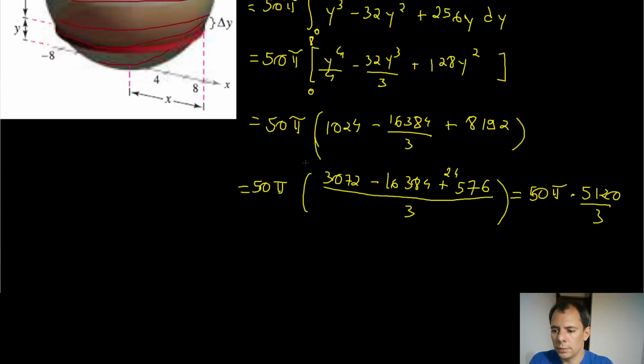Let's do that. Divide this by 3 times 50. I'm gonna say times 3.14. Got 267, blah blah blah.